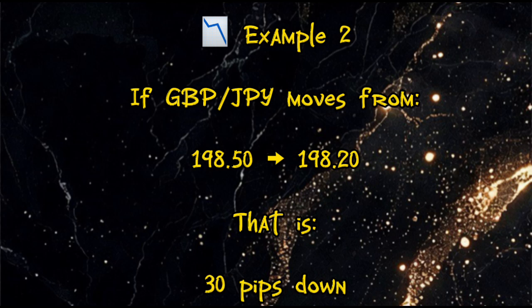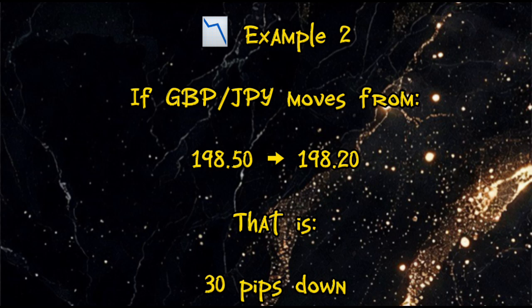But it's still understandable if you decide to understand them. Looking at GBP/JPY, it moved from 198.50 to 198.20. That's a decrease. So what is the pip difference? It's a 30 pip difference.